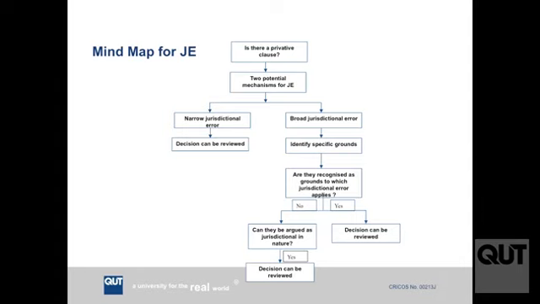After you've considered narrow jurisdictional error issues, you can consider broad jurisdictional error issues, which is where the decision maker enters the correct territory of the decision, but then commits a fundamental error. There can be recognized categories of broad jurisdictional error.